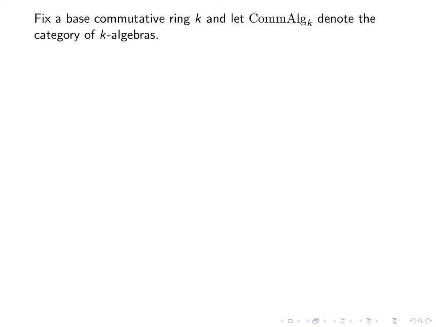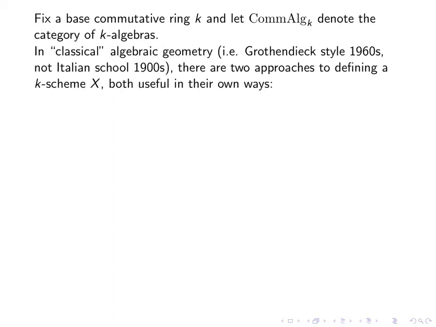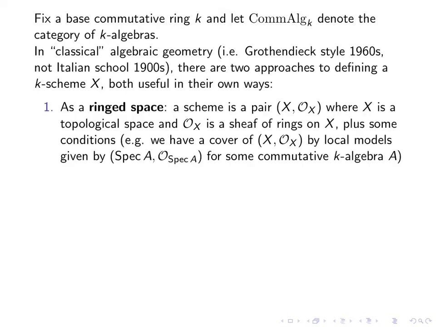So first fix a base commutative ring, K, for example, and let com_alg denote the category of K algebras. And in classical algebraic geometry, and by classical I mean Grothendieck style 1960s, not Italian school 1900s, there are two approaches to defining a scheme over K, and both are useful in their own ways.